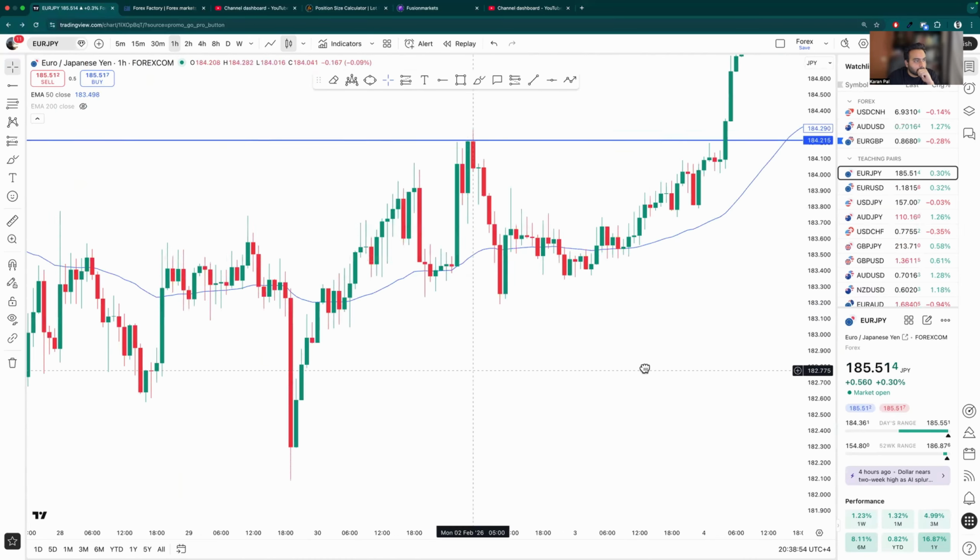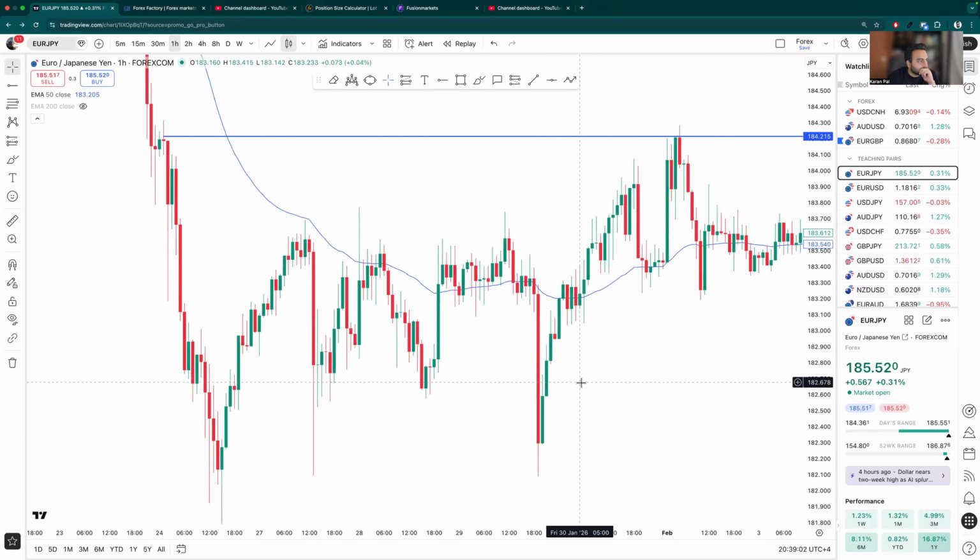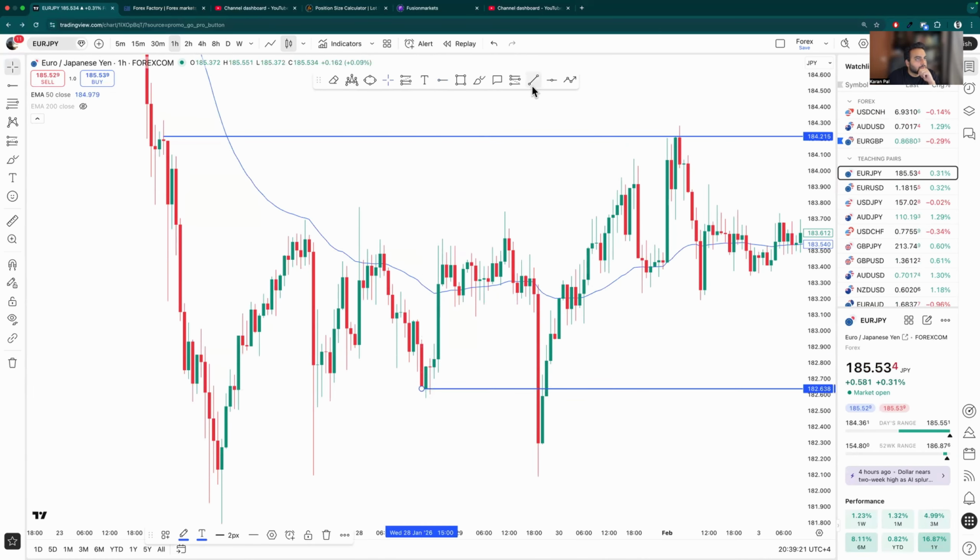Now, let's do this again. What is this? Is this a lower low or is this a higher low?